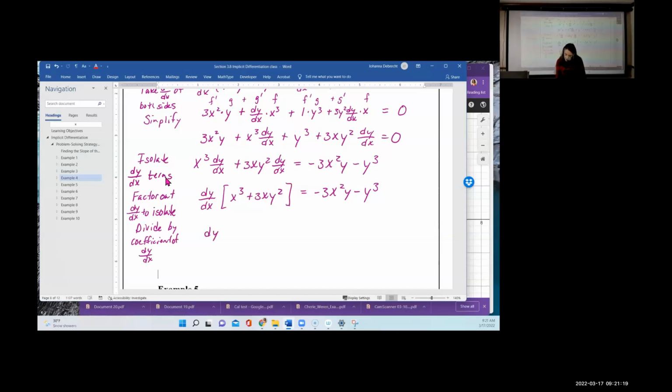So we have dy dx isolated on the left side by itself equal to negative 3x squared y minus y cubed, all divided by the quantity x cubed plus 3xy squared. Close the quantity.